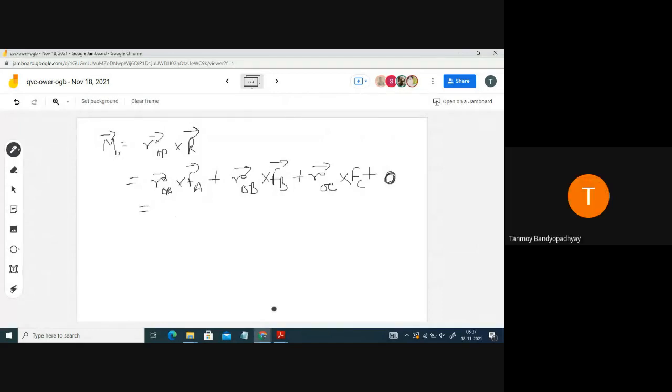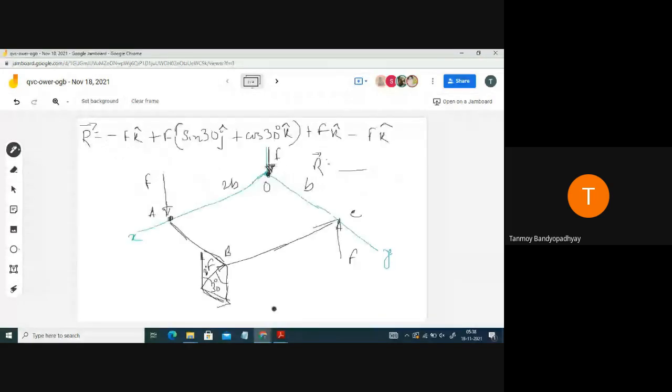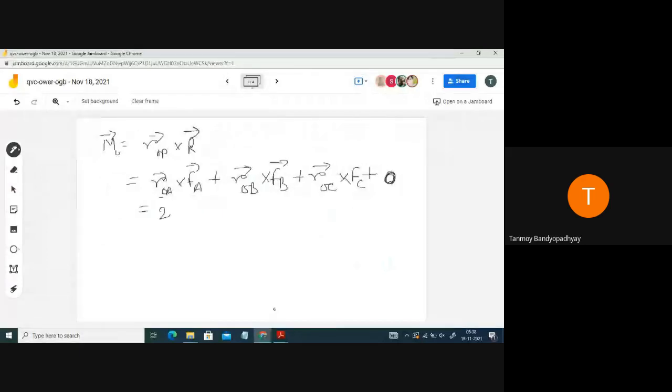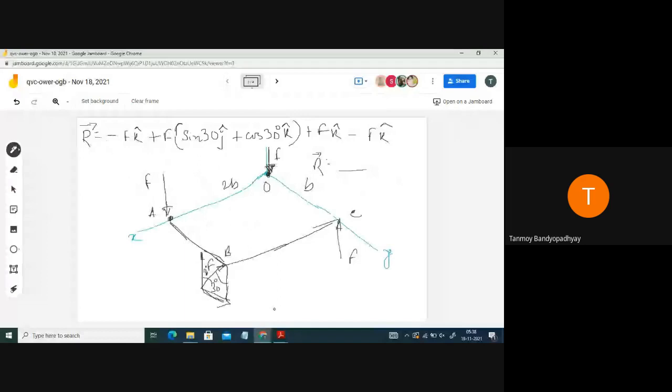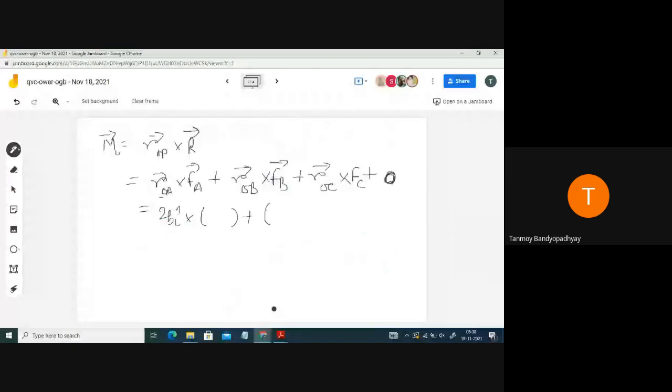Just the values of R OA, FA, FC you know, written while calculating this one. So OA you have to write. OA will be 2B i cap. So this will be 2B i cap cross whatever is FA. What are the coordinates of the point B? 2B, B. So 2B i cap plus B j cap, cross FB force, whatever is the force you have to write, plus R OC. What are the coordinates of the point C?